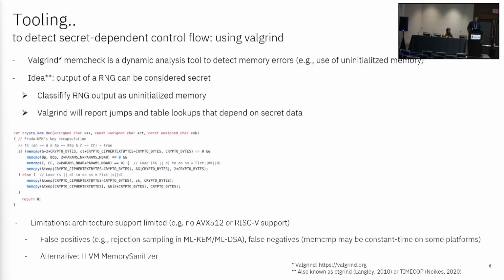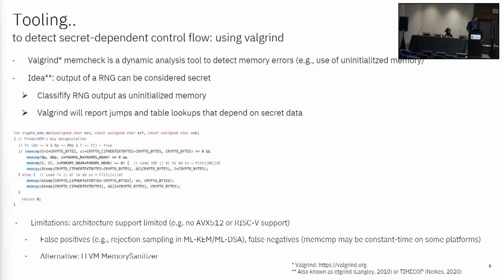So one very handy tool for this is Valgrind. Valgrind is actually a dynamic analysis tool to detect memory errors. But I think it was the original idea of Adam Langley in 2010 to use this to detect secret-dependent control flow. The observation is, usually the output of a random number generator is secret data.